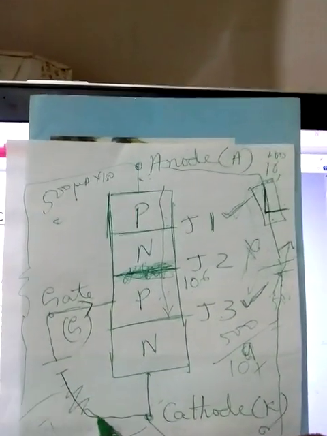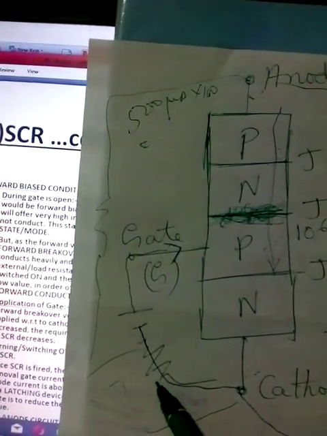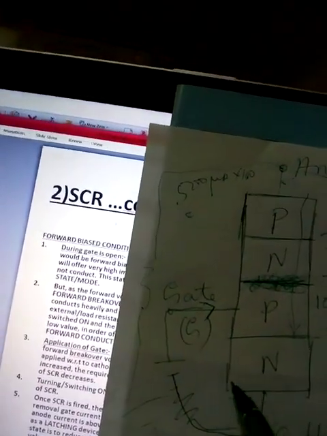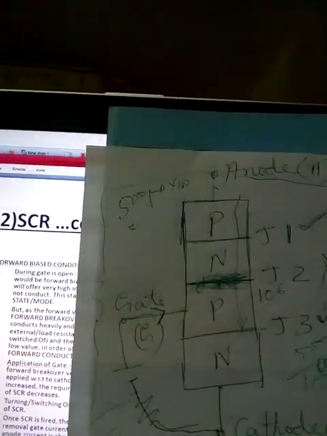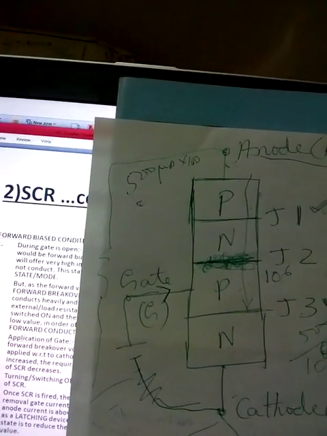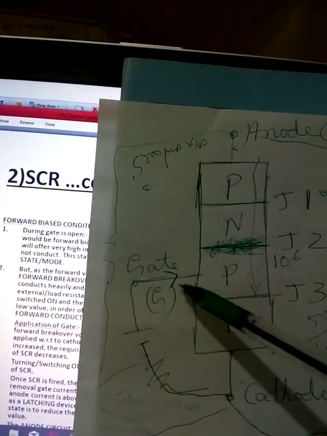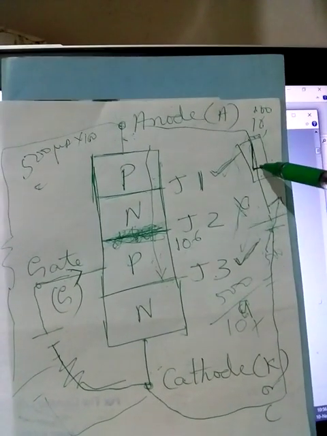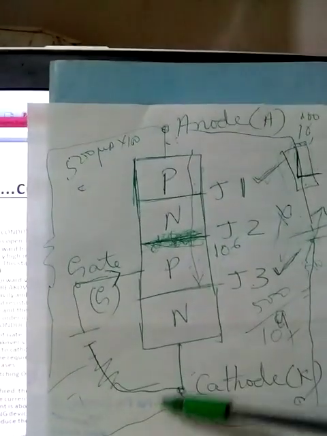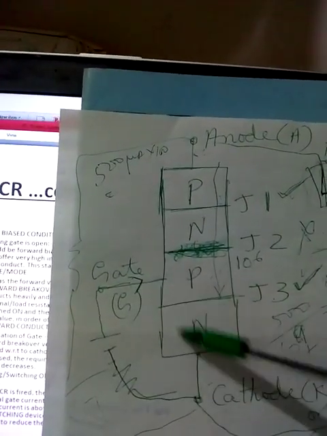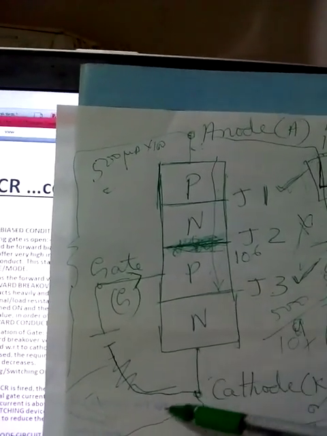Now there will usually be a small resistance put here to limit the gate current. So we can control high current using low current. This is called power circuit or load circuit. This is called gate circuit or control circuit.